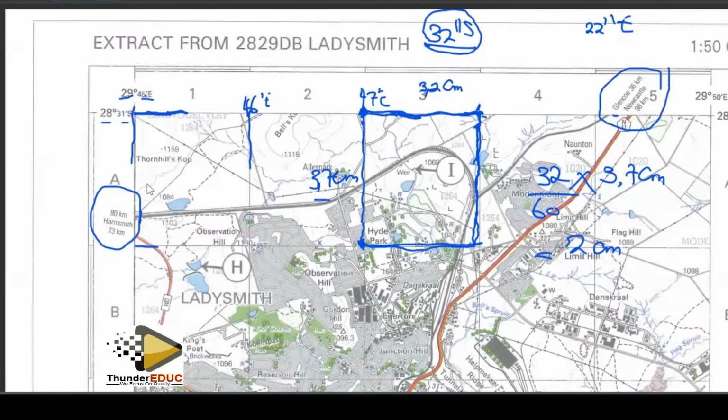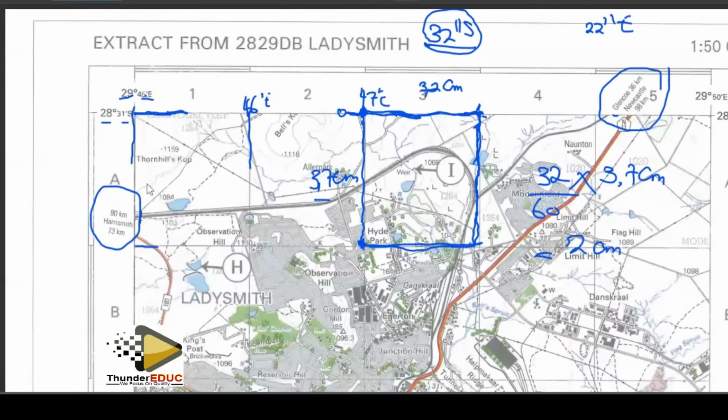So what do you do now? You come with your ruler, you place your zero from the first latitude along your line of latitude here. For you to identify the latitude position, because latitudes are from left to right, you place your ruler along this. Identify a measure of 2 centimeters from the origin here. Your zero is here on the ruler. Find a reading of 2 centimeters.